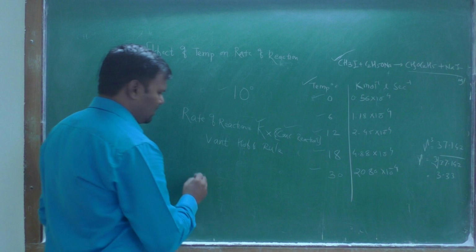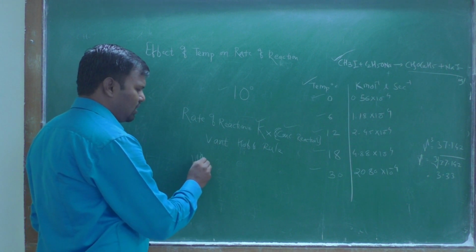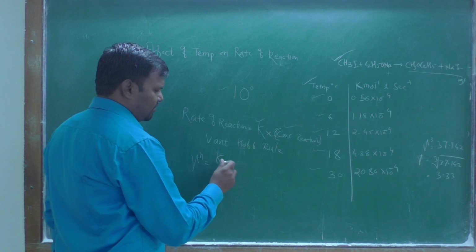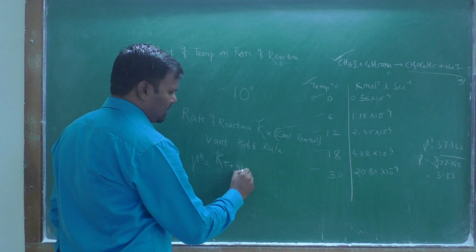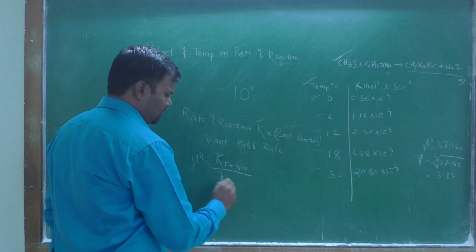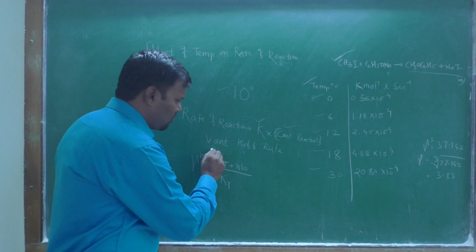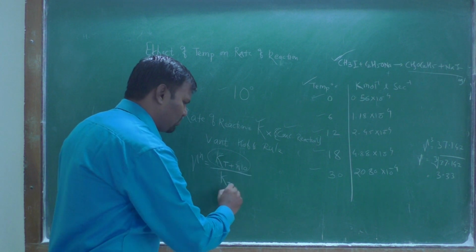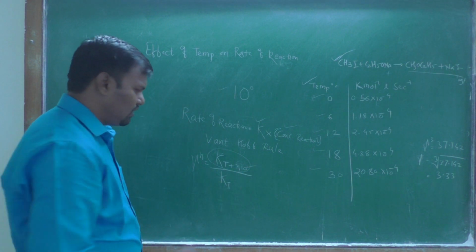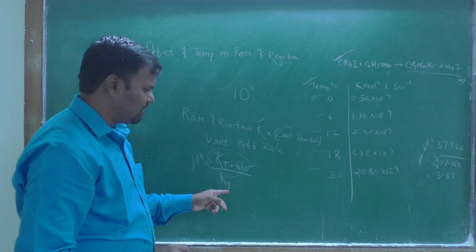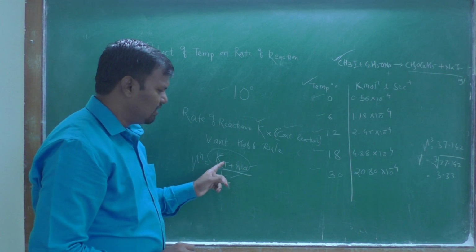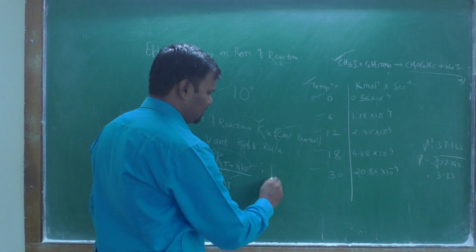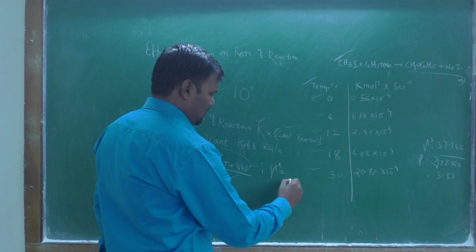He gave gamma raised to n is equal to the rate constant at T plus n10 upon the rate constant at T. This is a rate constant at a higher temperature, and this is another rate constant at temperature T, and this is the rate constant at temperature T plus n10.